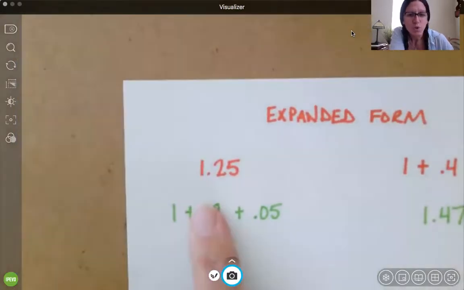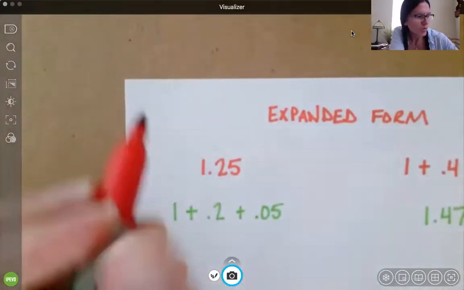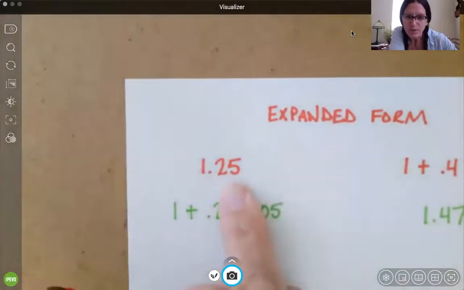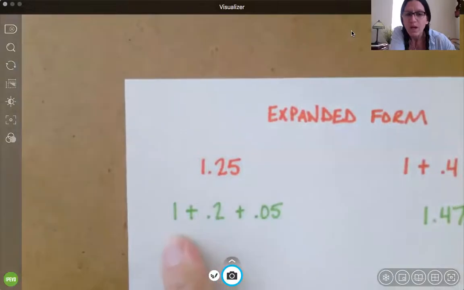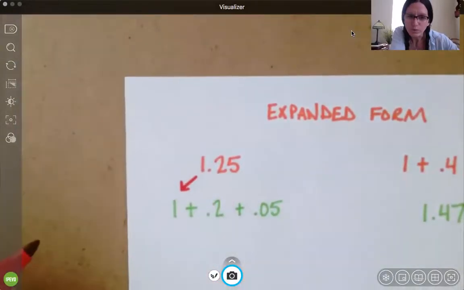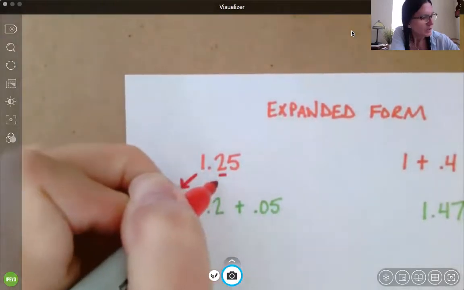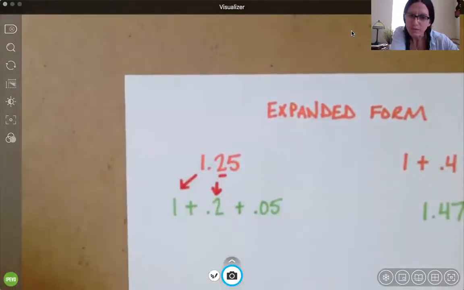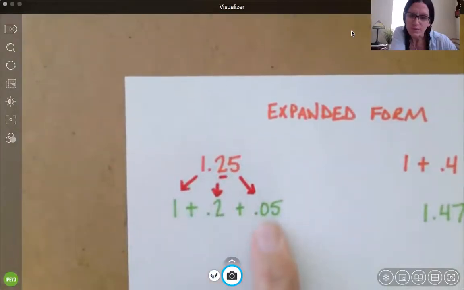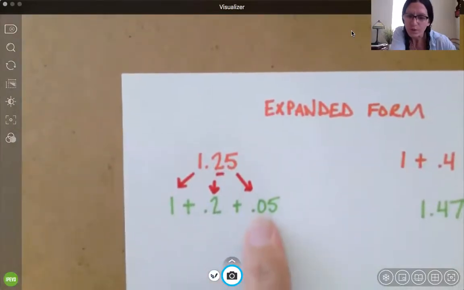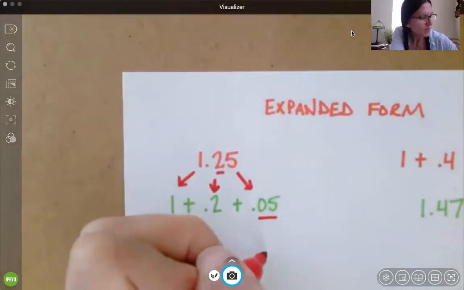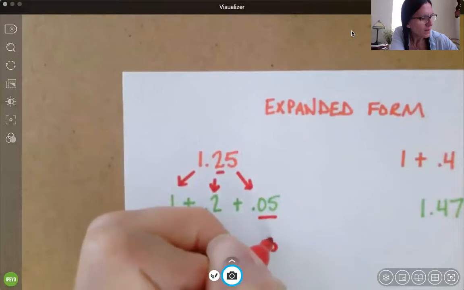So if I showed you 1 and, again, we're going to read that as a whole number, 25 hundredths, because it's the 5 in the hundredths place, we could break that down into 1 whole, 2 tenths, and 5 hundredths. And one thing I want to note also is that this 5 hundredths is not the same as that.